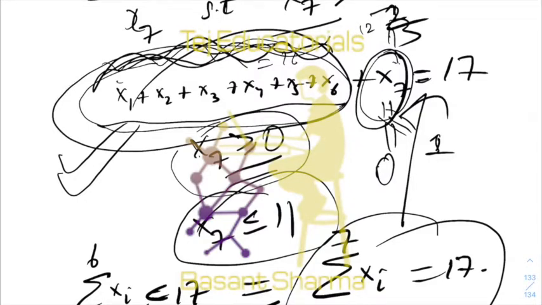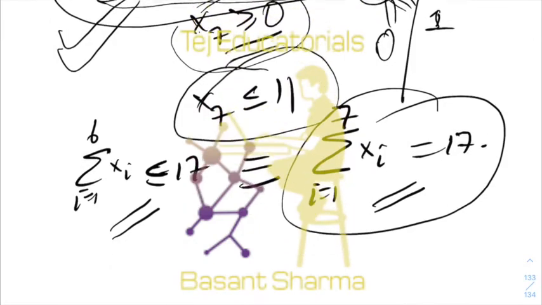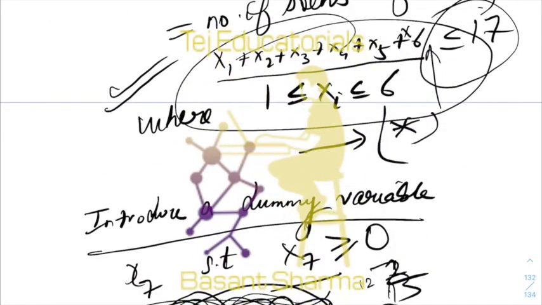So all those solutions will be part of the answer. If x7 is 1, then all those solutions where this summation is equal to 16 will be part of the solution, and so on. So introducing a dummy variable does not affect the number of solutions. Think on this, ponder on this.